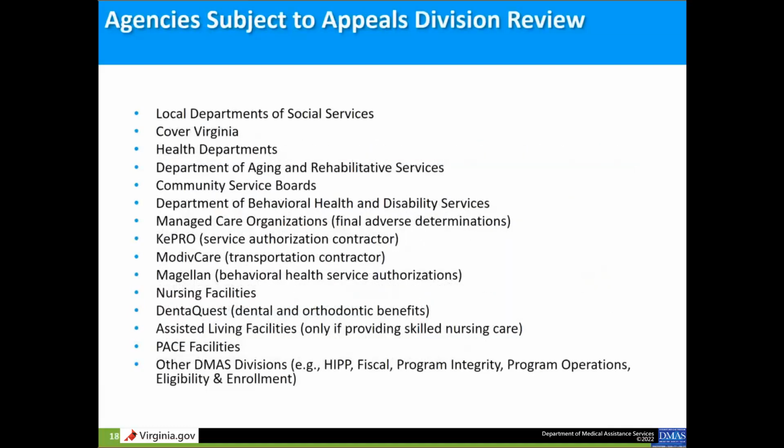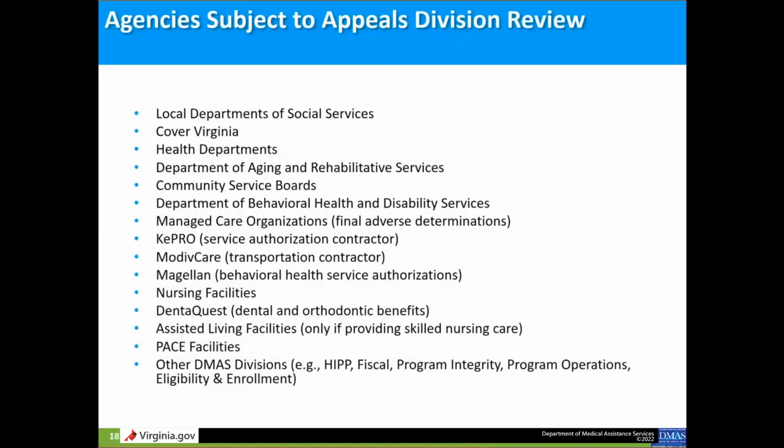The Appeals Division has the authority to review eligibility and medical denials, terminations, and reductions from the agencies listed on this page. On the eligibility side, the most common agencies are local departments of social services. However, Cover Virginia appeals also account for a significant portion of the eligibility caseload.